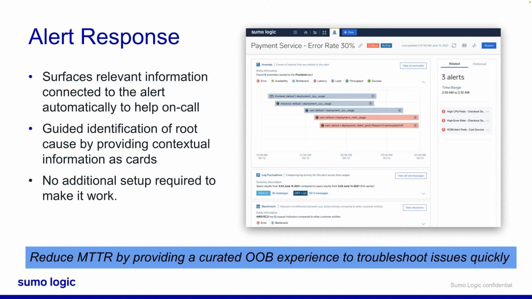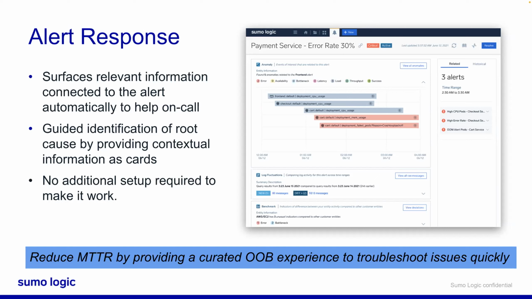alert dilemma of, oh, I got an alert, what do I do next? Where should I go first? And then the second thing it does is guiding the root cause analysis by automatically identifying abnormalities in the system using our AI and ML analytics.